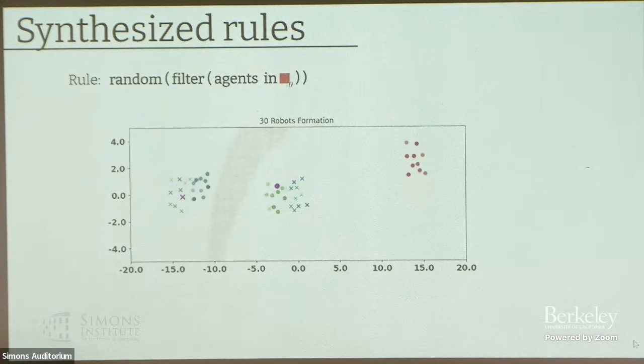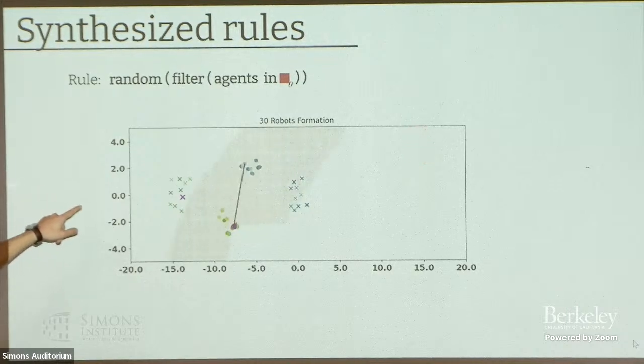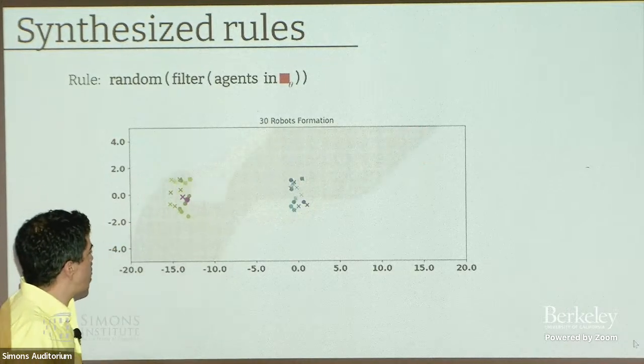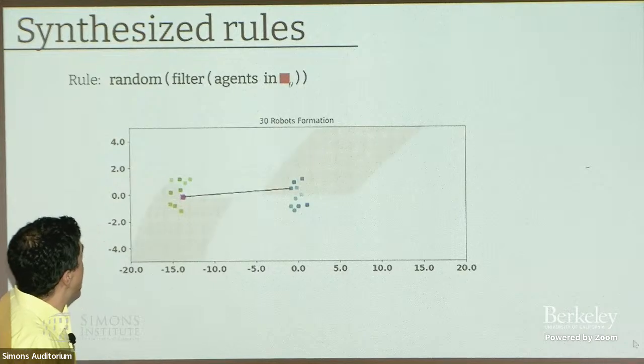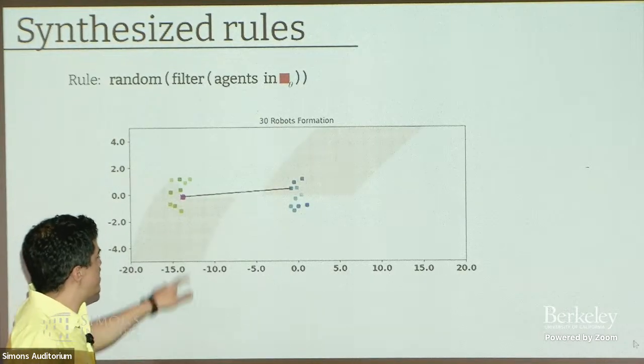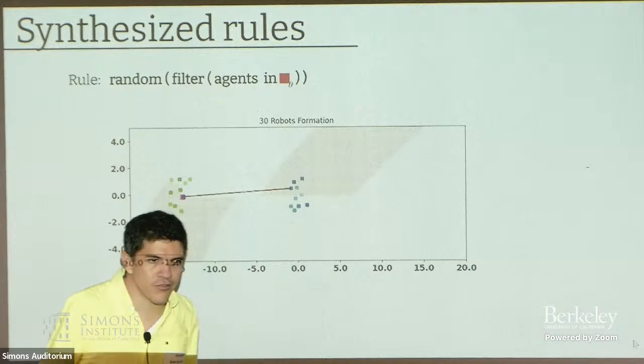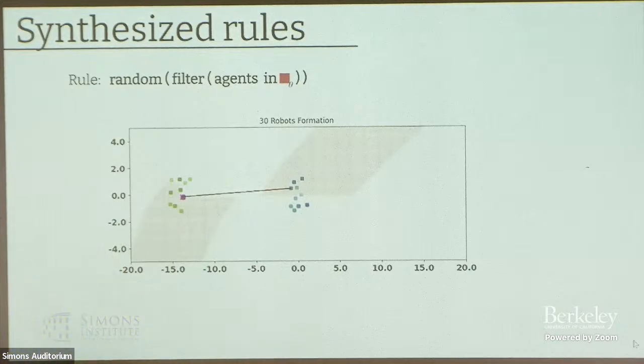For example, here's a policy where you can actually see the region and how it evolves as you execute. At every step, it's choosing randomly from the agents that make it past that region.